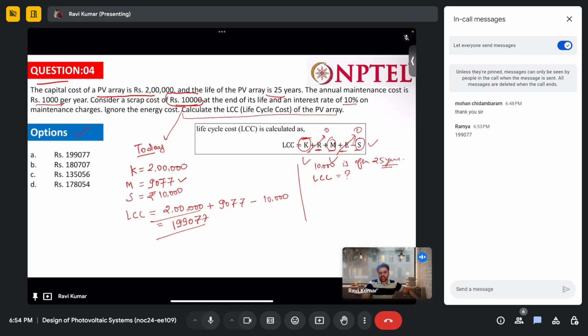In this particular case, first you need to calculate the present value of those 10,000 rupees. And how can you do that?